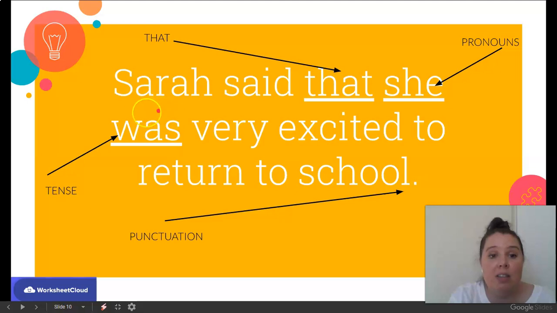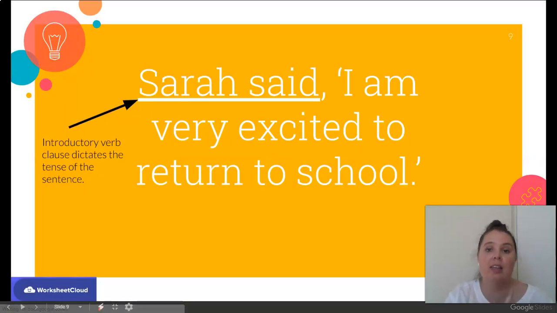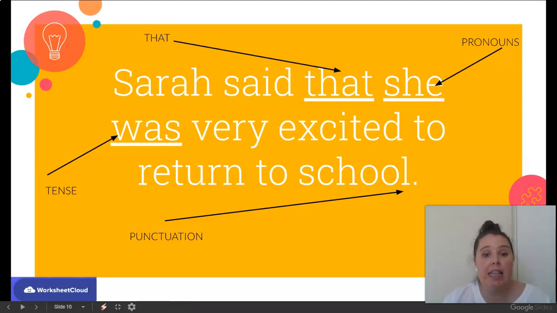Again, tense, we must change it to past because said is in the past. Notice punctuation, the comma fell away, the quotation marks fell away. So from Sarah said, "I am very excited to return to school," Sarah said that she was very excited to return to school.